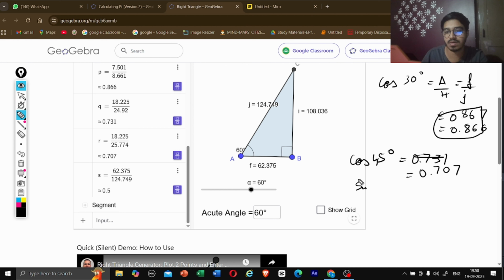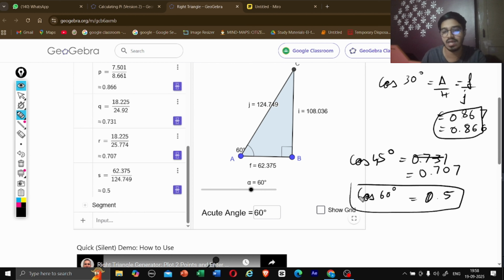So cos 60 is 0.5. See, whenever you take the angle as 60 degrees and you do adjacent by hypotenuse, it will always be 0.5, and for 45 degrees it will always be 0.707, and for cos 30 it will always be 0.866.